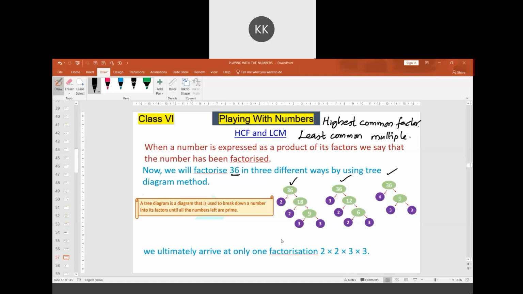In this tree diagram, 36 is obtained by 2 multiplied by 18. 2 times 18 is 36. 18 is expressed as 2 times 9. 9 is expressed as 3 times 3. Same way, this 36 is 3 times 12. 12 is 6 times 2. 6 is 3 times 2. Likewise, 36 is 4 times 9. 9 is 3 times 3.